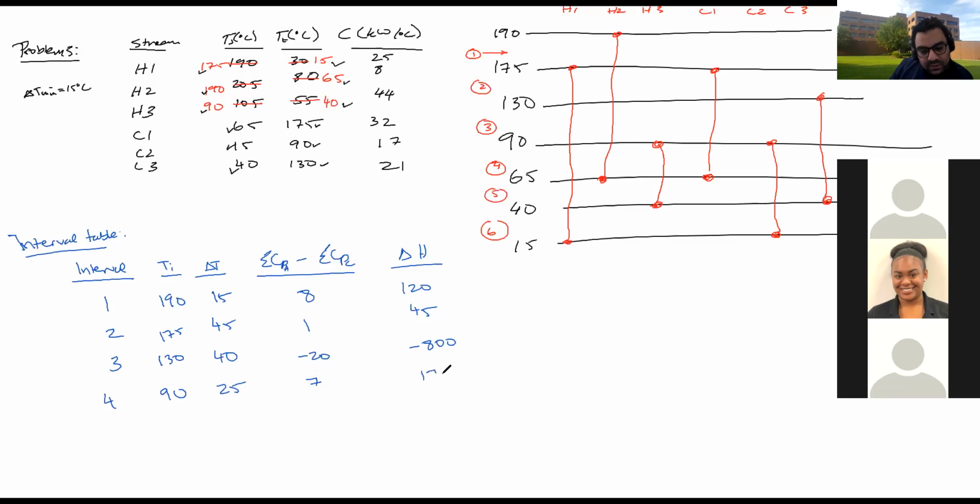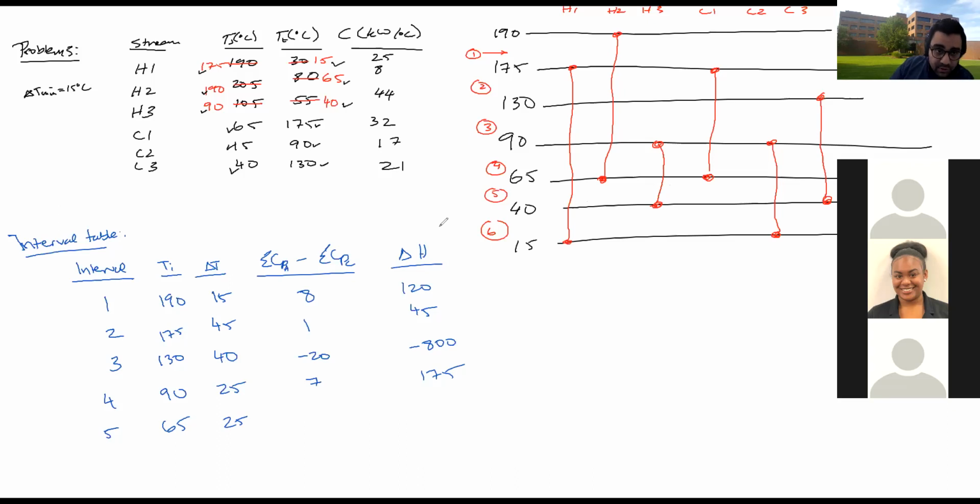This is 175. Interval 5, initial temperature is 65. The delta T for this interval is 25 as well. And summation of Cp hot minus Cp cooled, I have H1 plus H3 minus C2 minus C3.